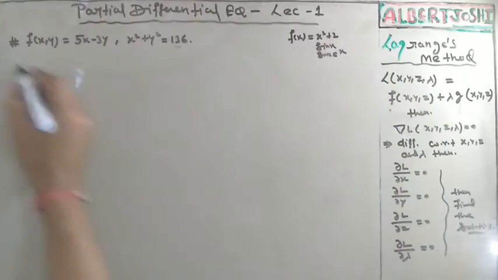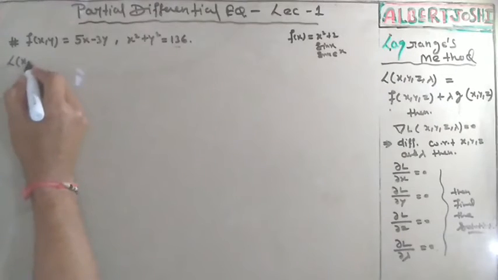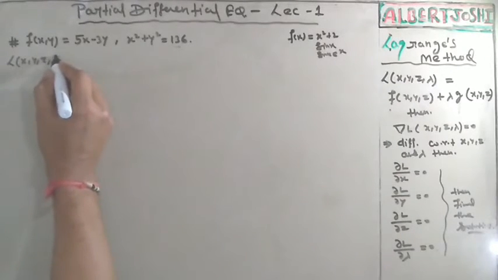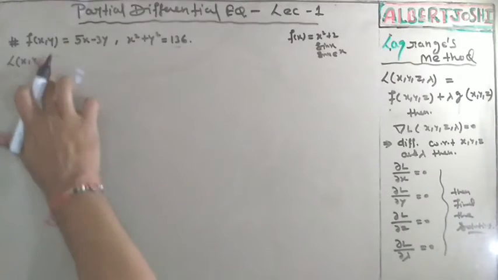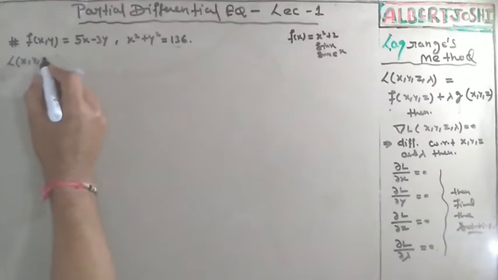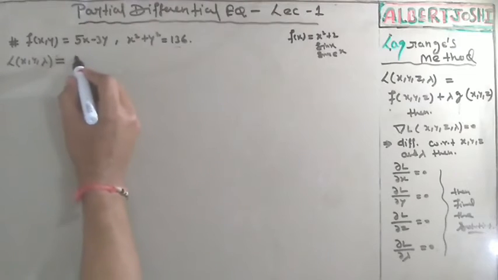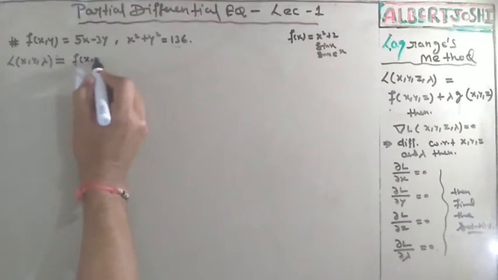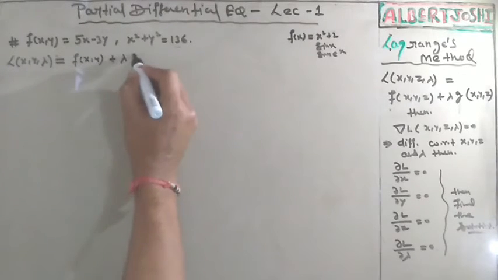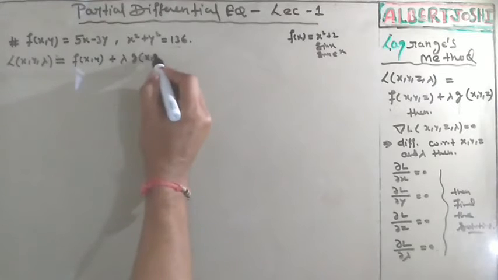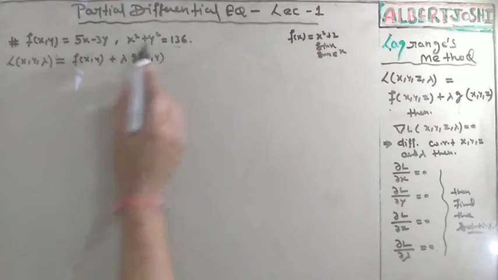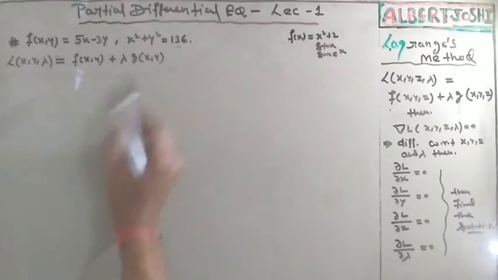So our equation is L of x, y and lambda. This time there is no z. Okay, I am just writing only x, y and lambda, which is equal to f of x, y plus lambda g of x, y. Because there are only two variables, so I am writing like this.